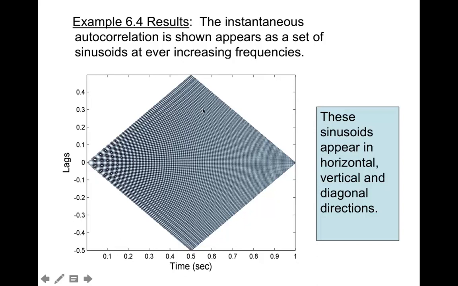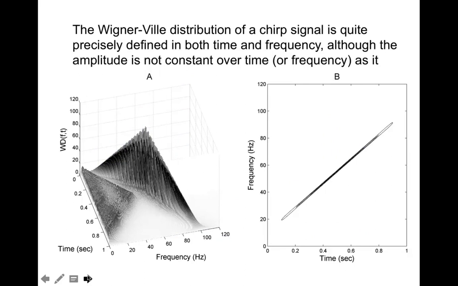So this would be like a single sinusoid representing lags at different times. And then you can see we do get all of these diagonal direction sinusoidal distributions. So all of those cross terms are showing up, and you can see the increasing frequency as we increase in time. That's consistent with the chirp.